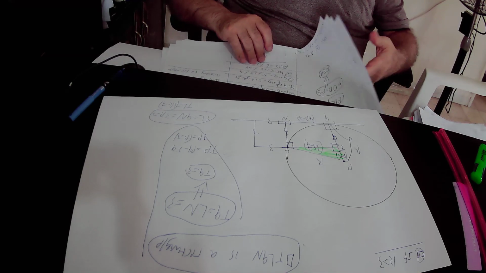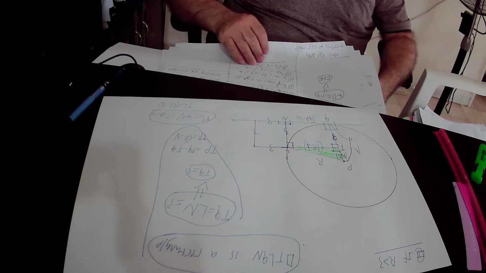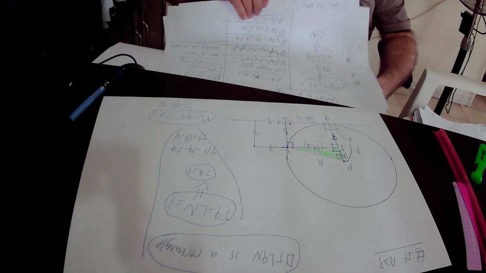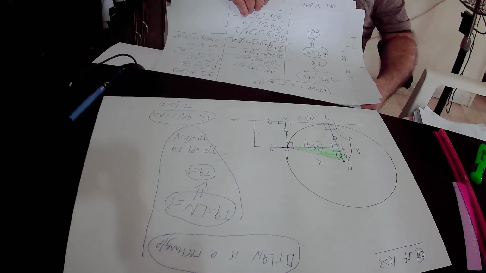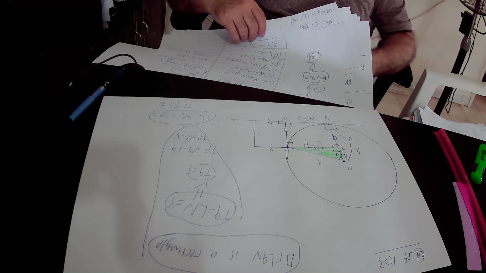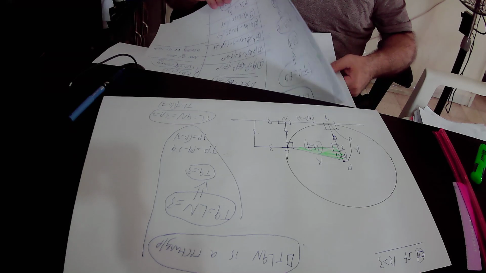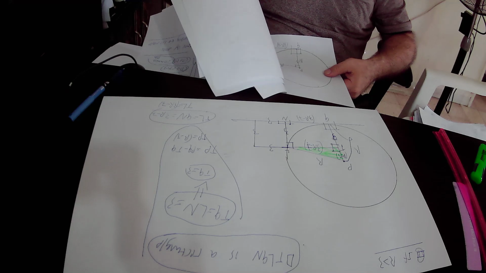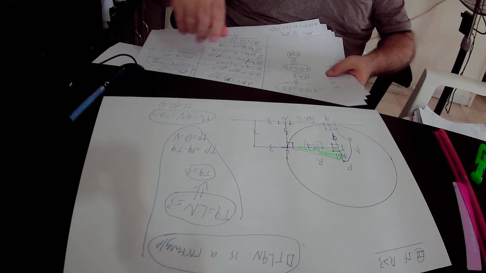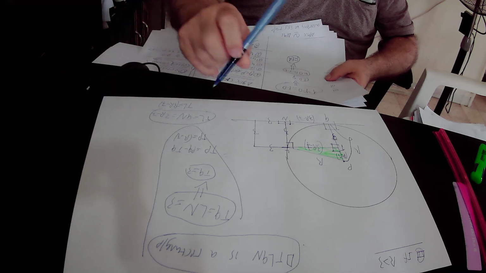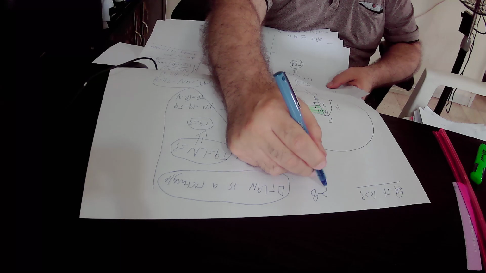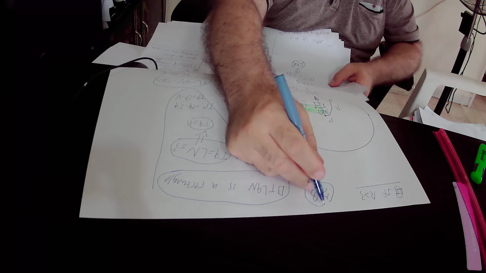The radius of the small circle is equal to 1 unit, and the side length of the square is equal to 3 units, and our mission is to find the radius of the big circle.